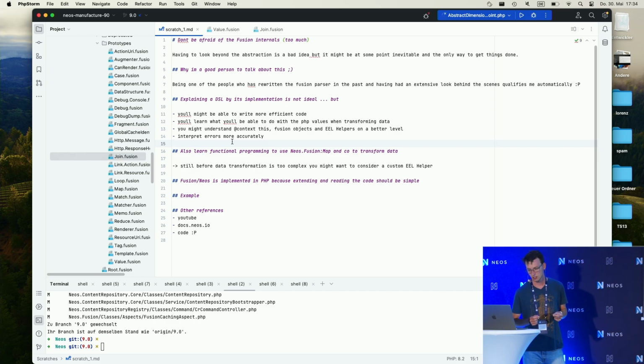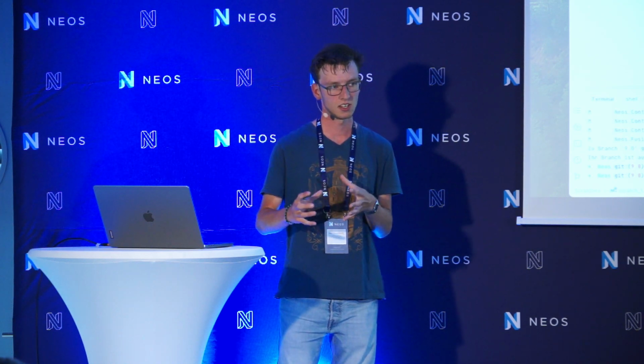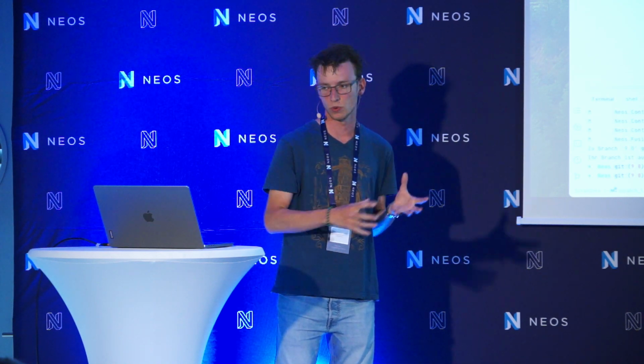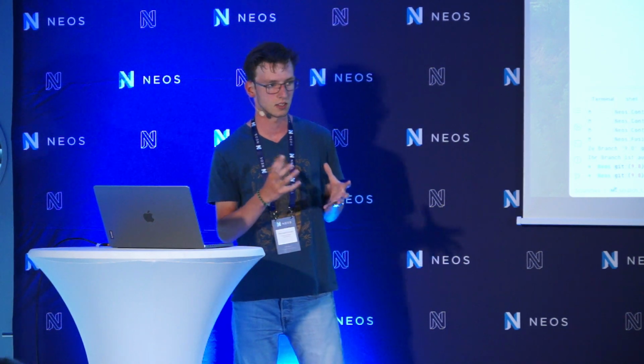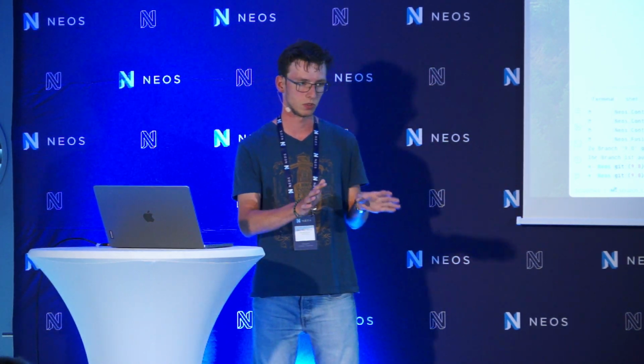I know of some people who used Fusion in the past who were a little unaware of the fact that the data that flows through Fusion is not magic. It is PHP. It is a PHP value with PHP getters, and that is how you work on the node. That's how you access the node's name or properties if you don't use Flow Query.